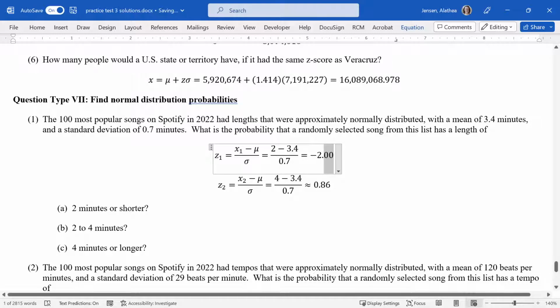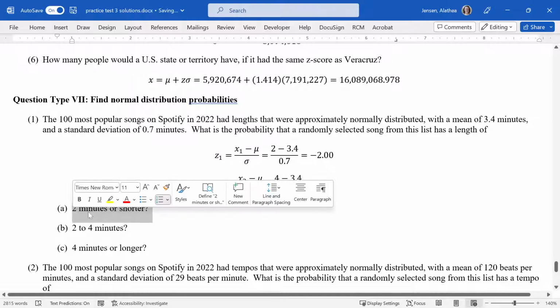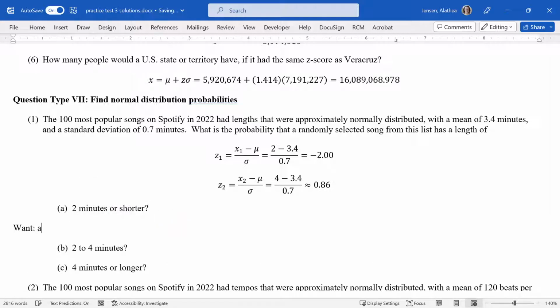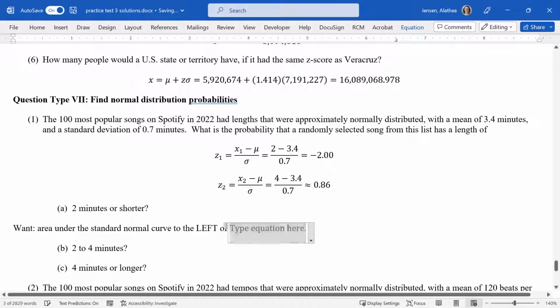So now what we're going to do is figure out what percentage of songs, or what is the probability of a song being 2 minutes or shorter. What we want is the area under the standard normal curve to the left of Z1.